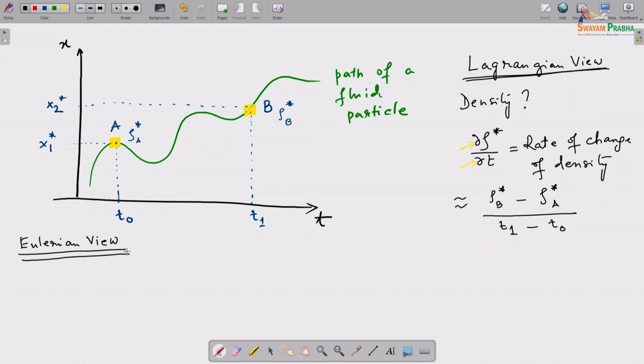So the Eulerian view basically comes from the fluid as a continuum concept. That's what we said. We are looking at several particles, and at a large domain, the size of which is decided such that I can sum up the physical property we are looking at, in this case density, and take that as one particular value, an average value.